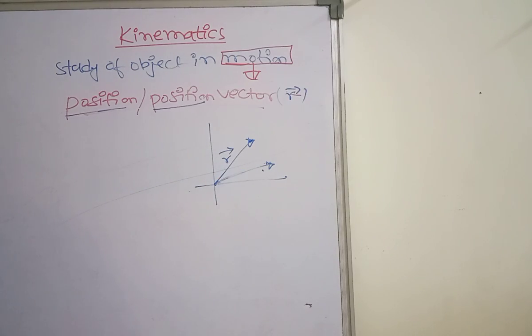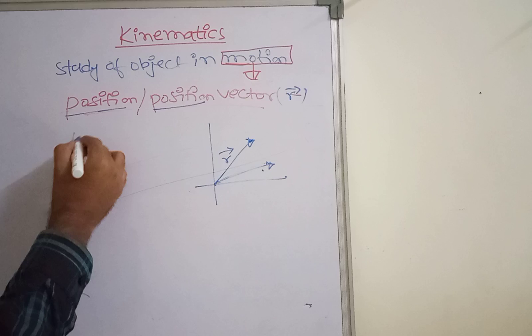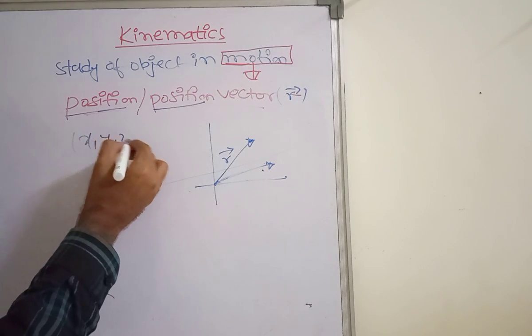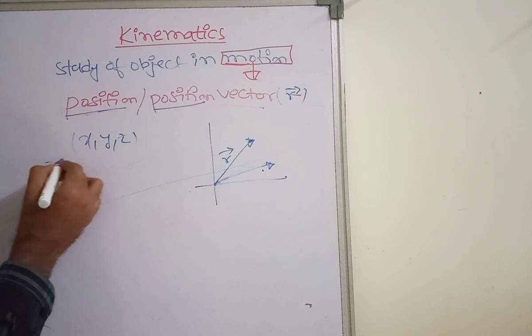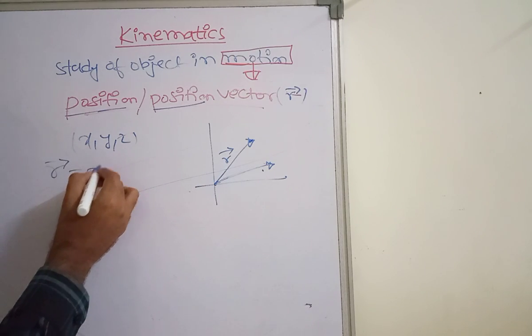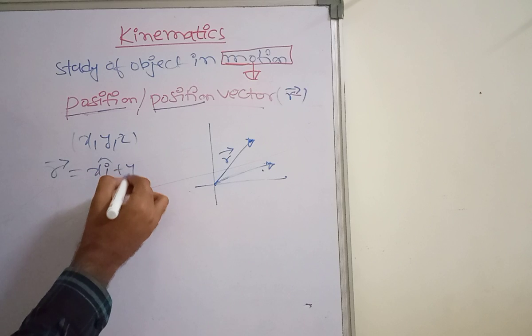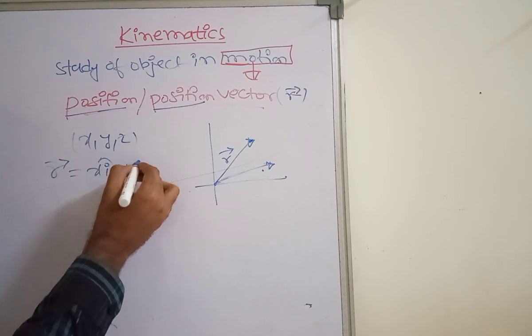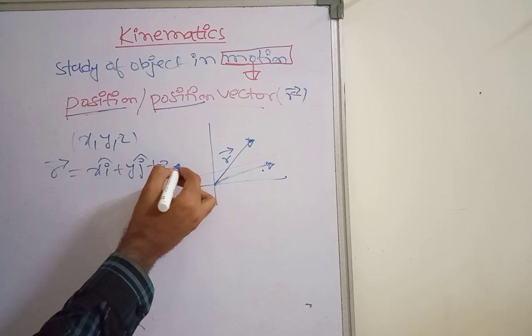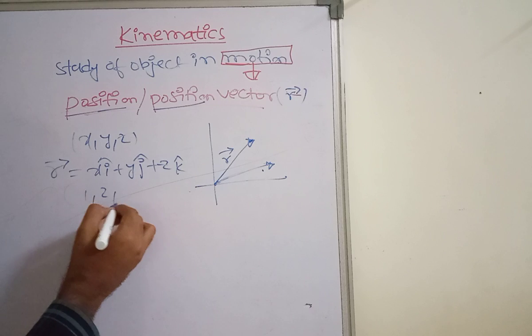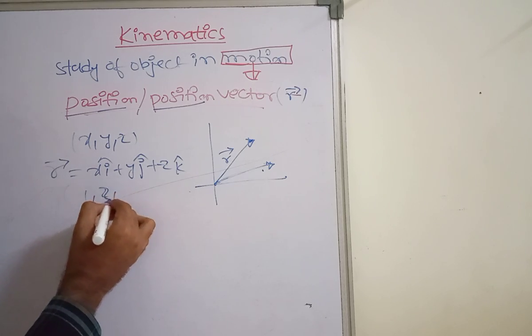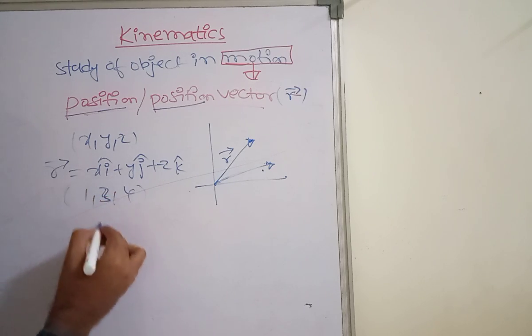Here we can write the coordinates. Suppose I am taking xyz coordinates. Then the position vector R is equal to x i cap plus y j cap plus z k cap. Suppose the coordinates are 1, 3, 4. How can we write the position vector?